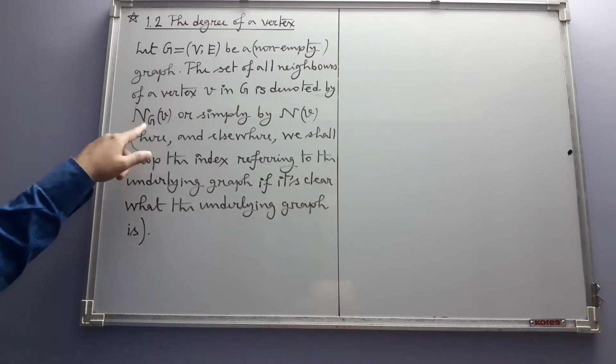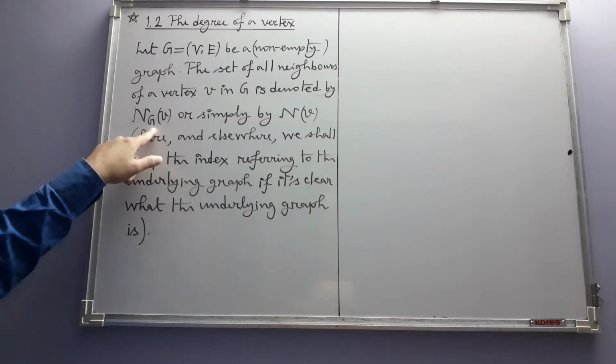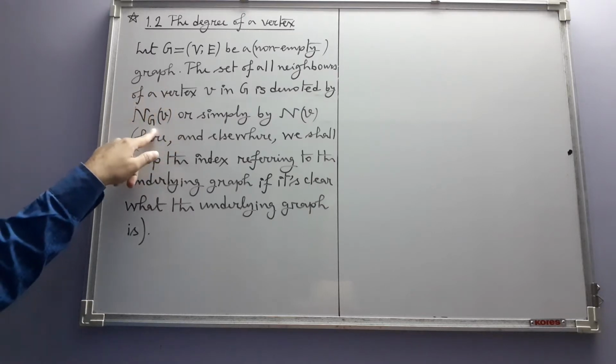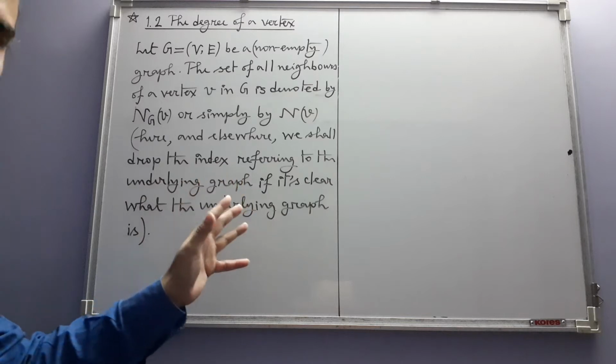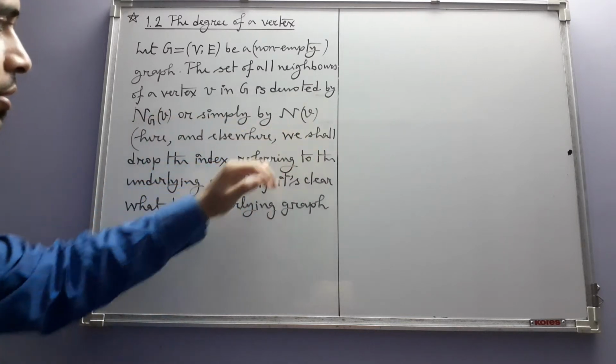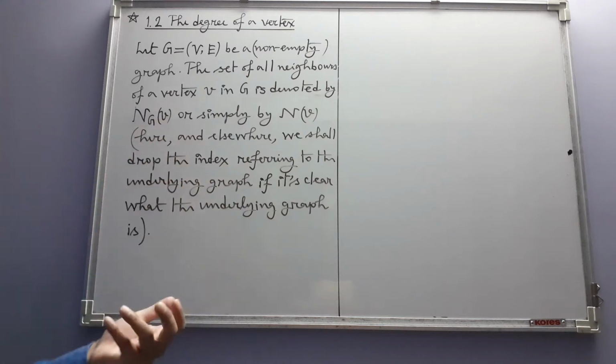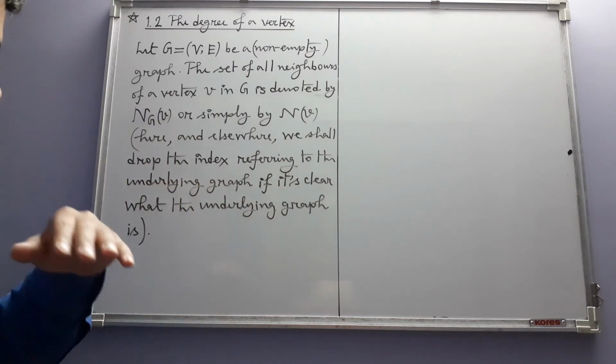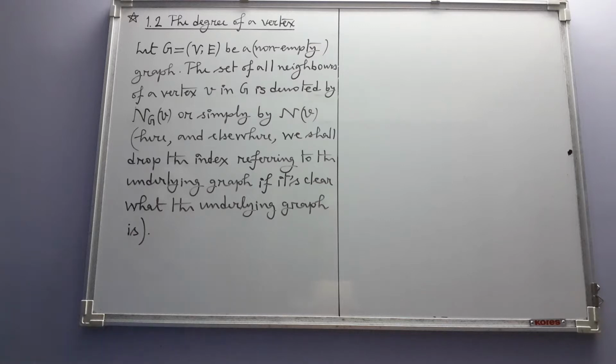That is, we are writing G here to denote the fact that this set of neighbors is being considered in the graph G. Sometimes we will more simply write like this if it's understood what the underlying graph G is. So we will drop the index.